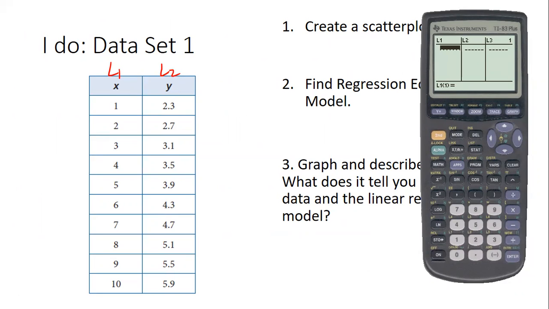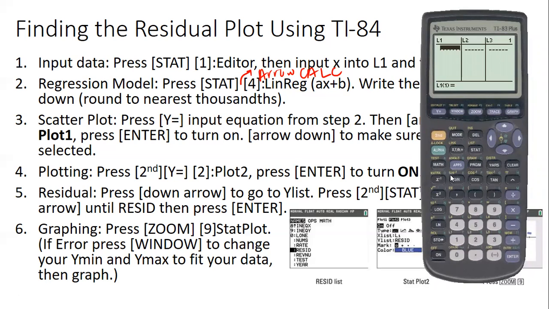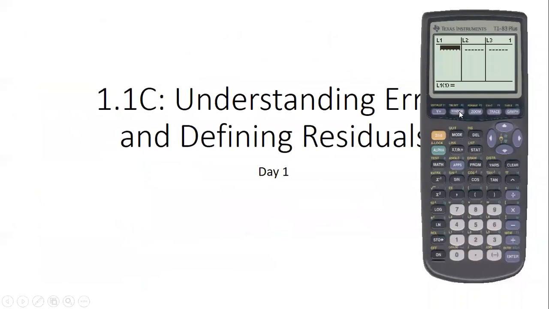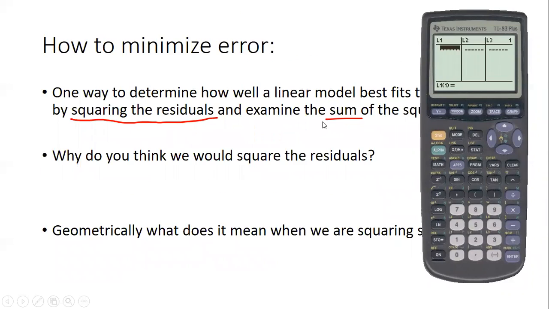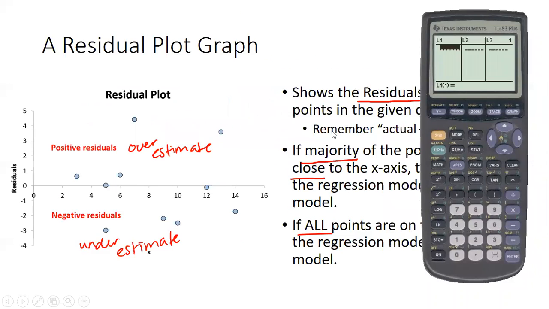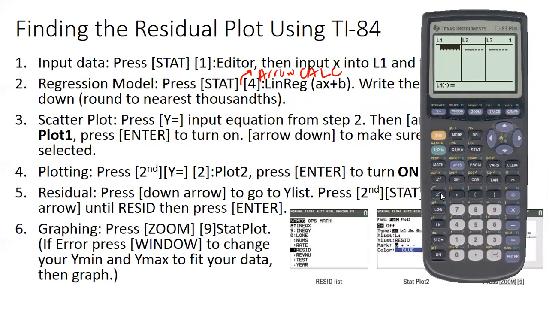So that's what we're doing now, putting all of our x's into L1, all of our y's into L2. All right, so I'm going to go back to the steps, and here we go. I went up too far. Uh-oh. There we go. Okay. Y'all are moving a little faster than me. I'm coming.